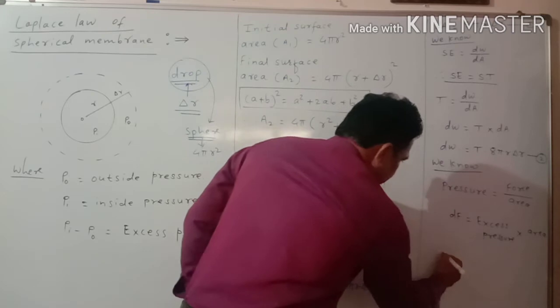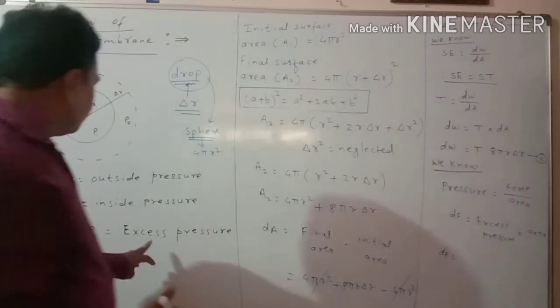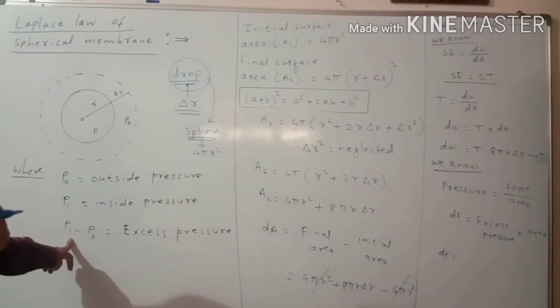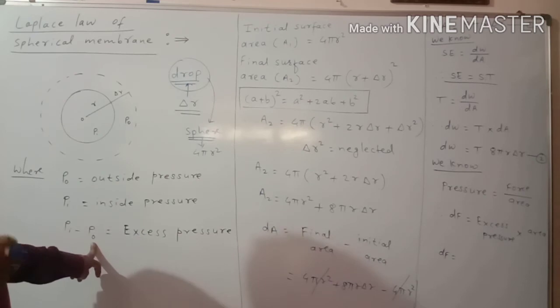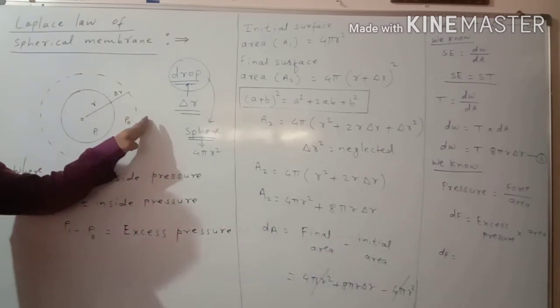This excess force will be the excess pressure times area. We know the term excess pressure. Here we consider Pi minus P naught, which stands for the difference between inside pressure and outside pressure.